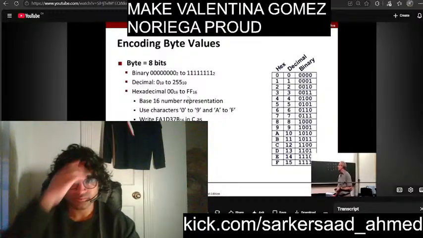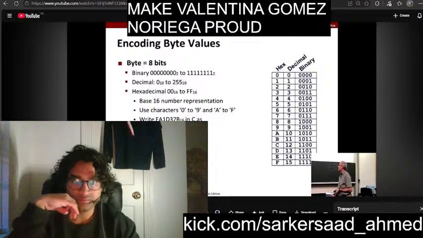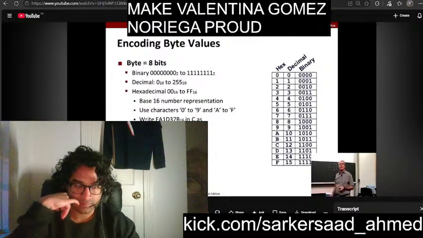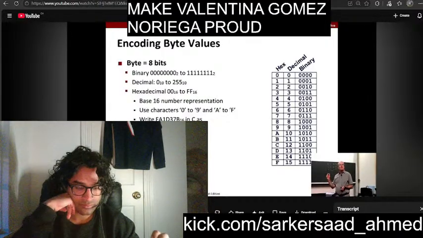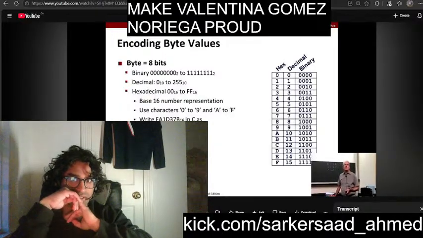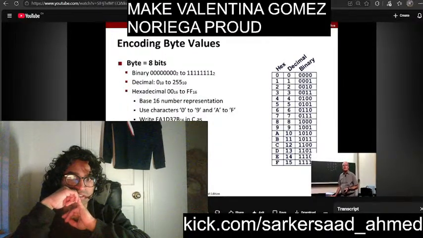What's become largely the most common is to group collections of 4 bits at a time and then represent that in base 16, or what's known as hexadecimal representation, using the letters A through F as values 10 through 15.